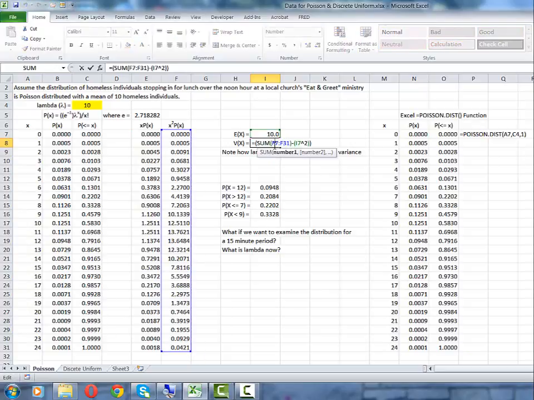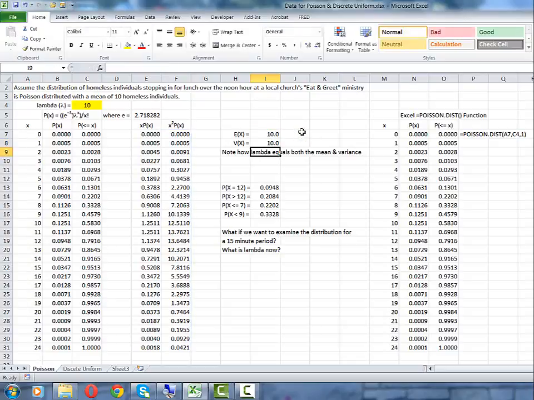And then the variance, using the shortcut method, is the sum of the x squared times probability of x minus the expected value of x squared. And notice how those are exactly the same as lambda. So lambda is the mean and the variance of the Poisson process.